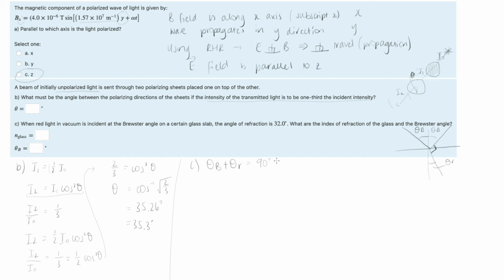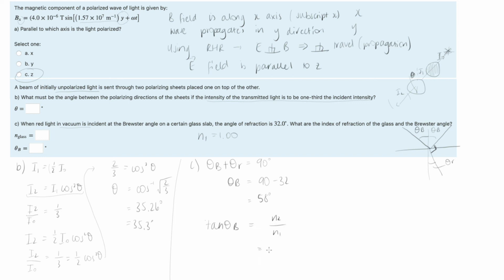Okay, so we were told that the angle of refraction is 32, so we can actually work out the Brewster angle straight up. It's going to be 90 minus 32 degrees, which is going to equal 58 degrees. Okay, so it's in a vacuum, therefore N1 equals 1. So when we work out, using our Brewster angle equation, it's going to be N2 divided by N1.